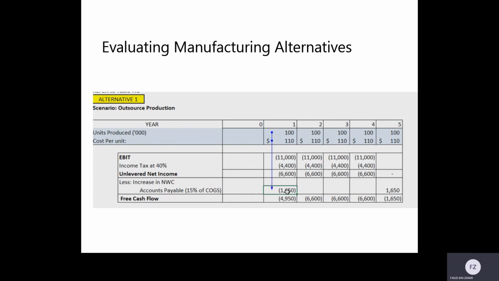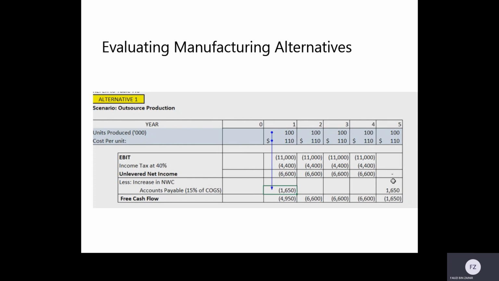Here, since net working capital is a minus, I've already put it as a minus. In year two it is going to be 0, because years one and two are both 16,500, so they cancel off. So you have 0, 0, 0.